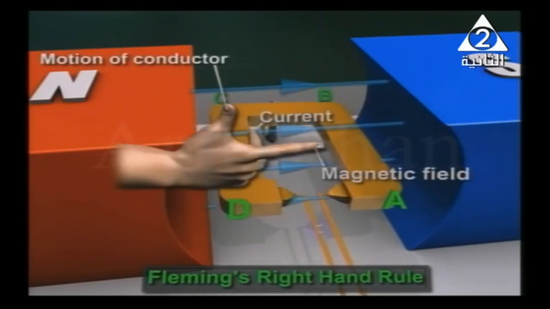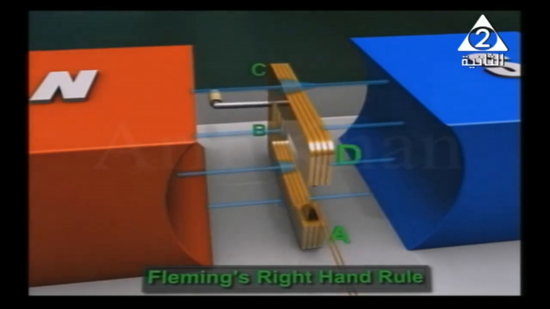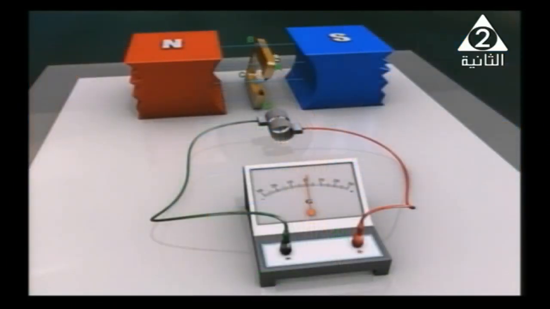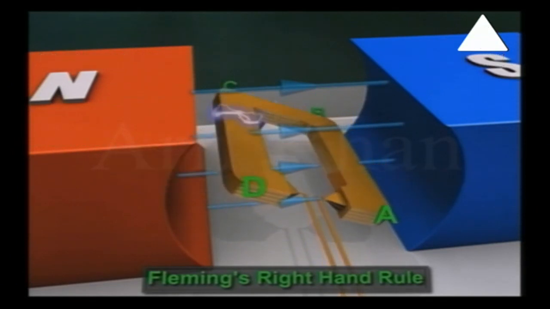The direction of the induced current can be determined by applying Fleming's right-hand rule to either side of the coil. So if you want to determine the direction of the induced current, all you have to do is to use Fleming's right-hand rule.